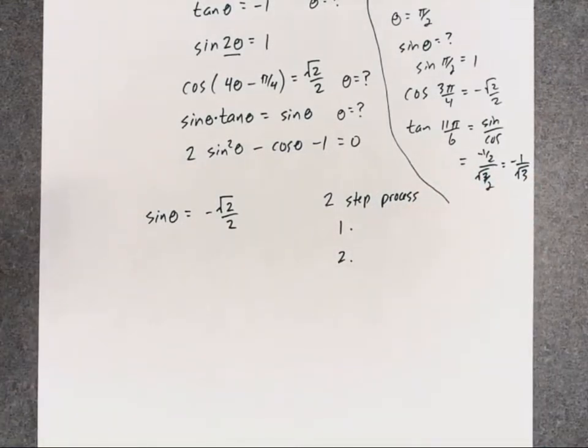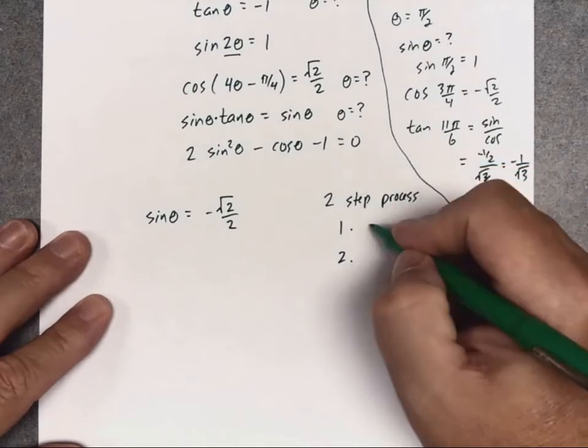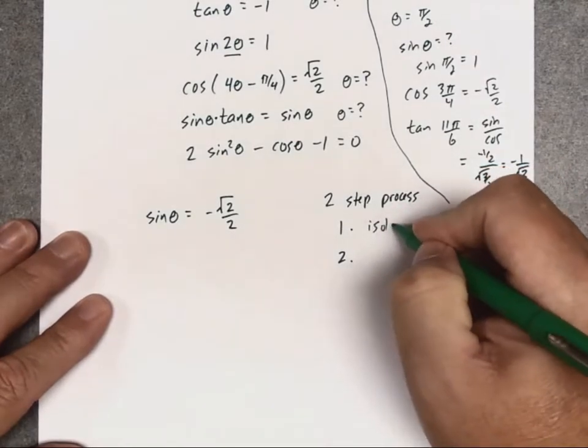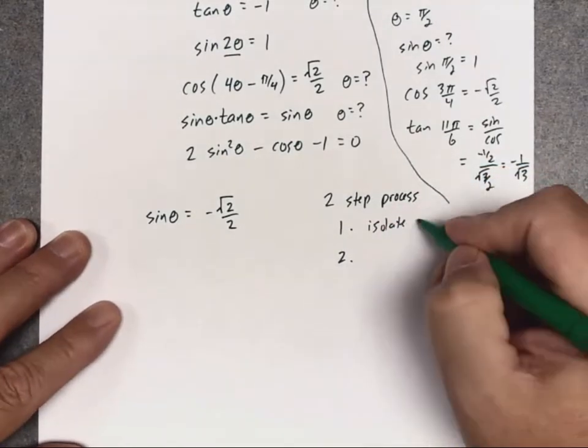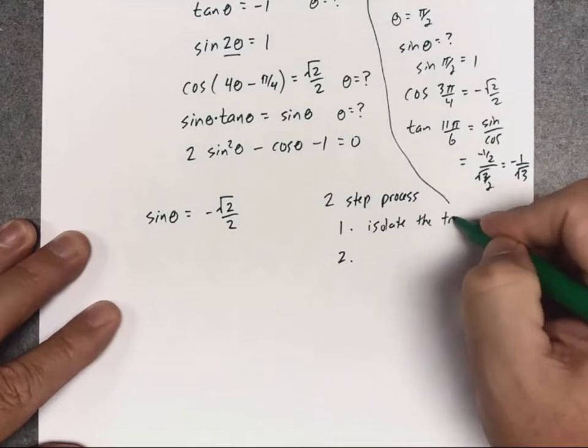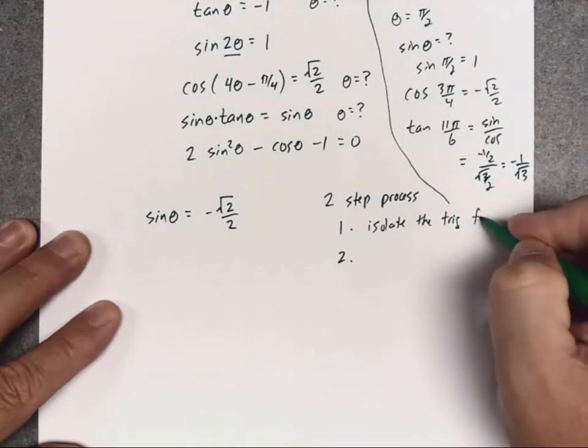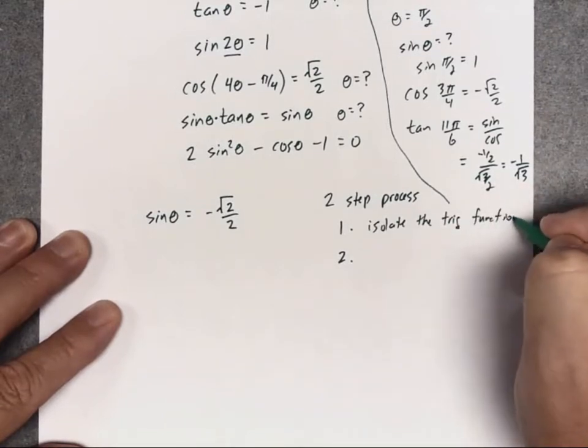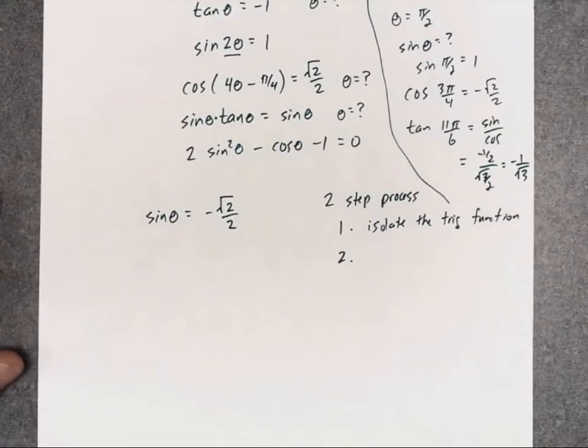The first step is when you have an equation, especially the equations with only one trig function, the first step is to isolate the trig function.